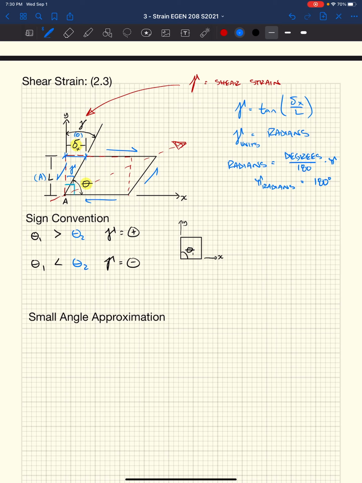What does that do here? Well, if you looked at our box, I'm going to draw it in black so it makes more sense. All right, so if we had x, we had y. If theta 2 is less than theta 1, we're going to get something like this, where that theta 2 gets smaller. Well, that means we have a positive shear stress, up and to the right, it's elongating. That also means that we have a positive shear strain.